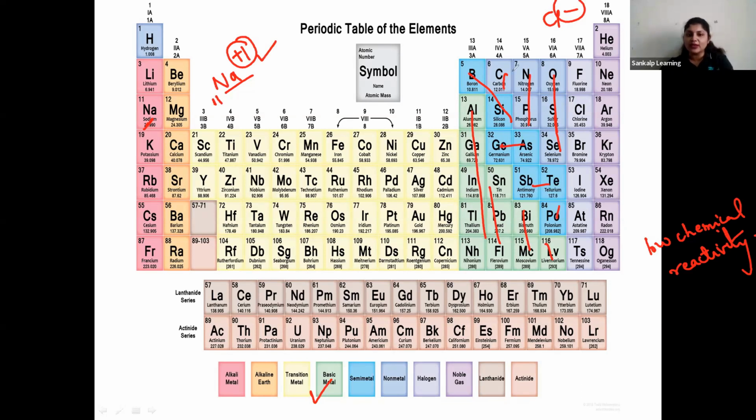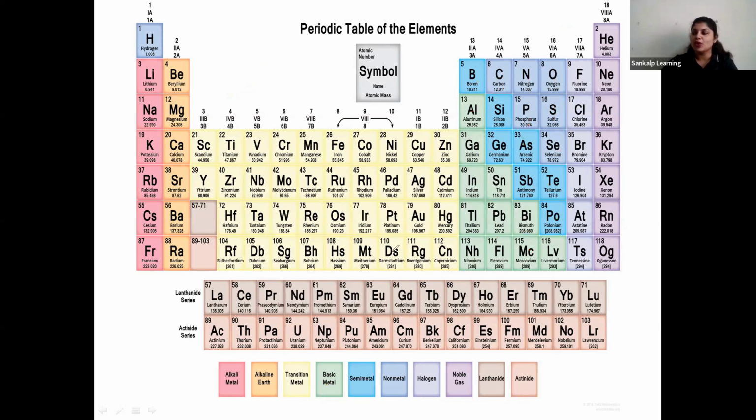Then what do you mean by metalloids? And what are the properties of non-metals? They are the opposite of metals. Metals are hard; non-metals are soft.